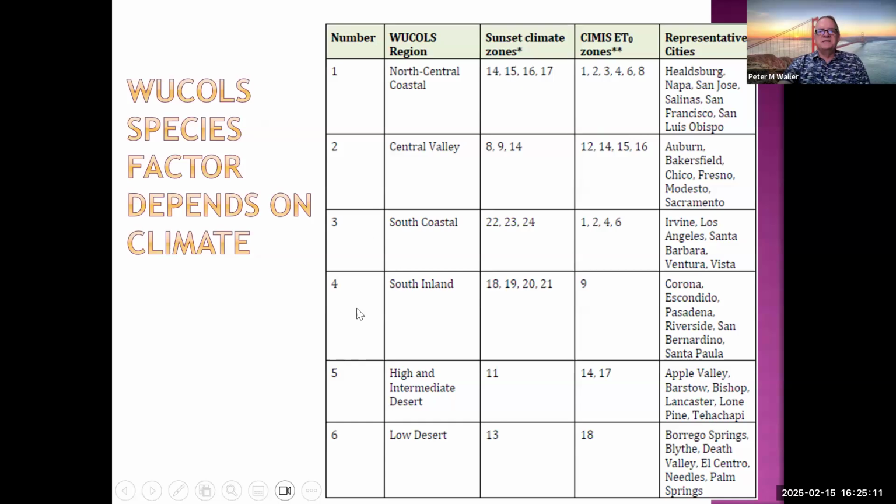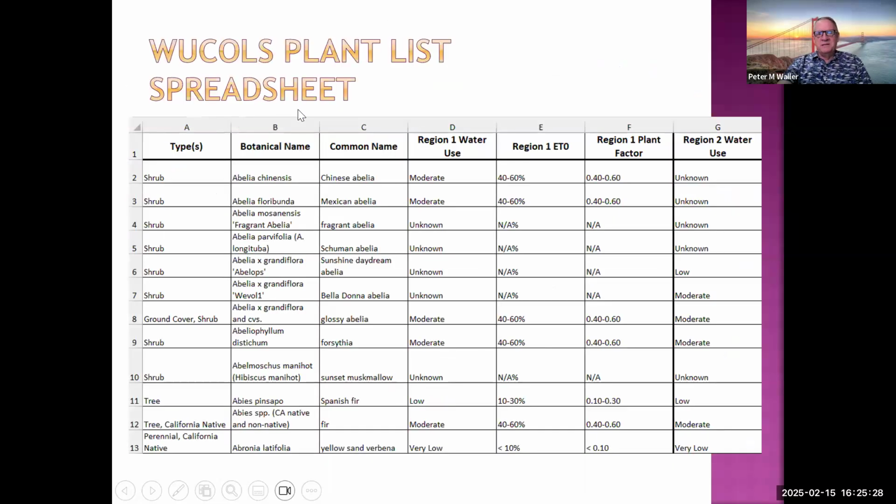Okay, so they have divided California into these zones. And so in Tucson or Maricopa or Phoenix, we would be in the low desert zone. So we're in region 6, but because the spreadsheet's so long, I couldn't show region 6.